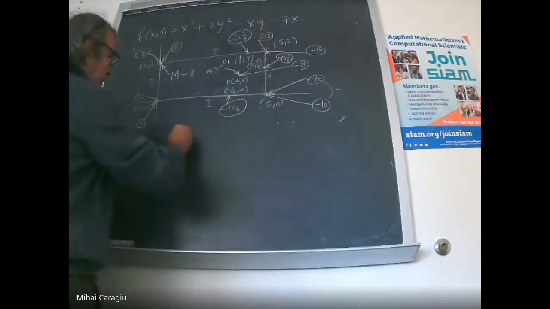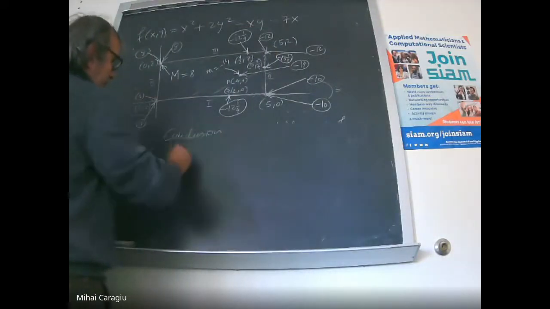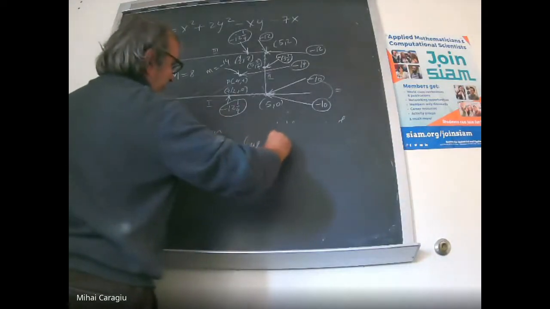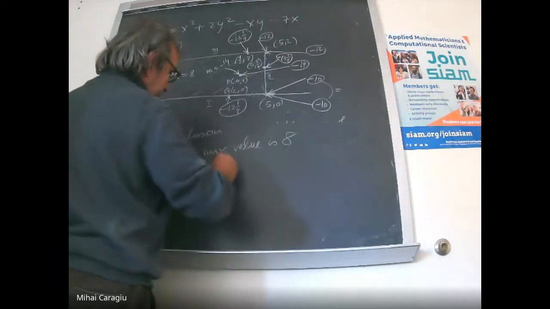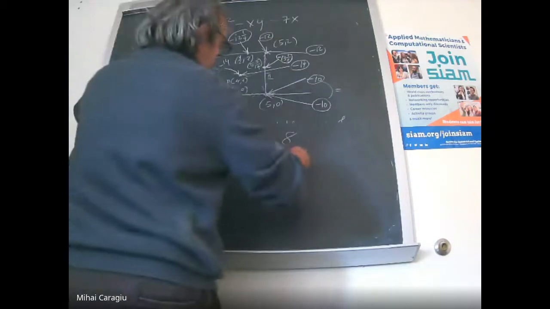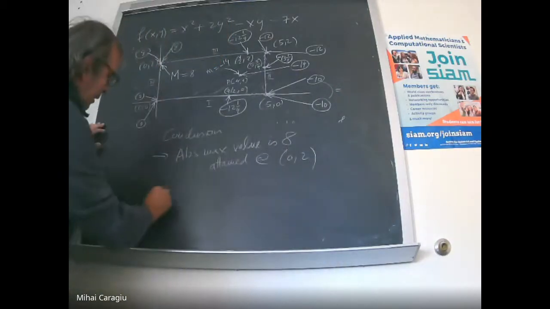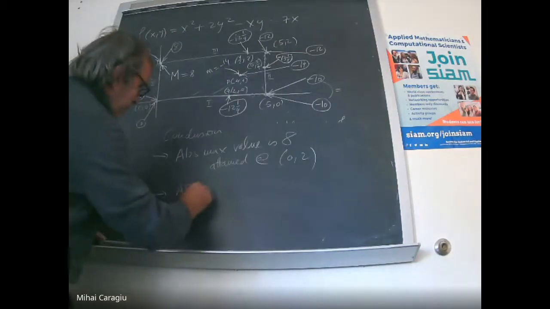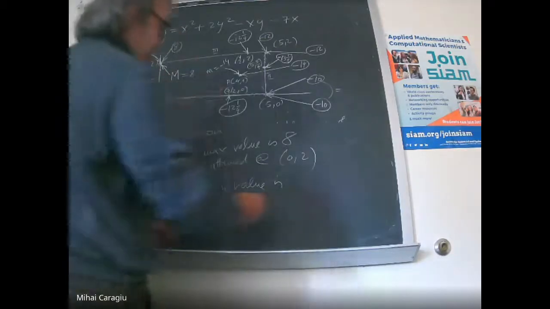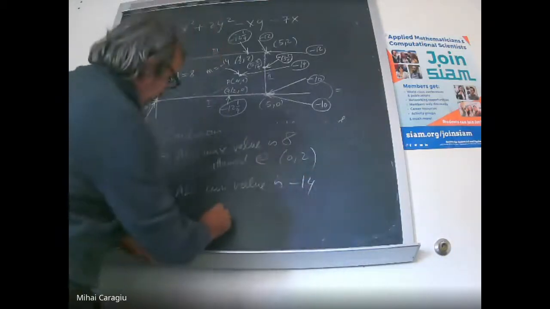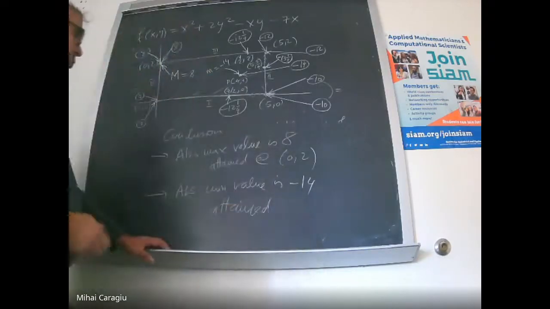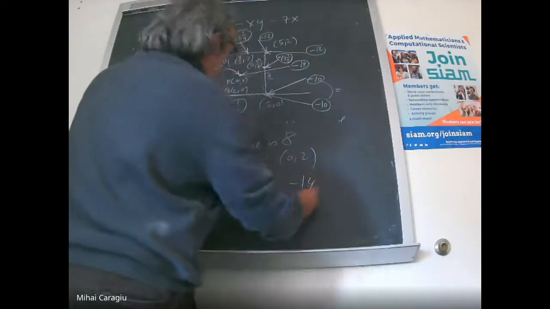So in conclusion, the absolute maximum value is 8, obtained at the point (0, 2). The absolute minimum value is minus 14, again obtained at the absolute minimum point (4, 1).